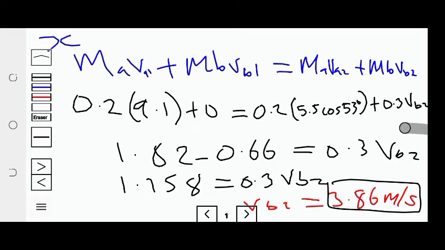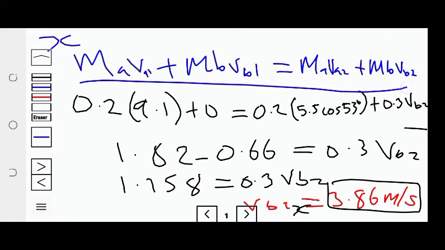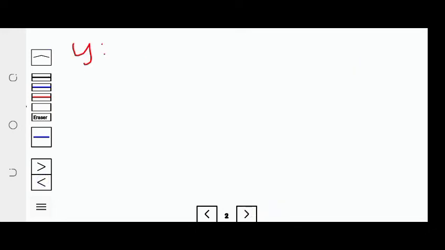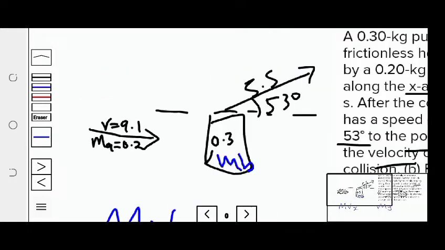Okay, so the value that we found here is in x. So we need also to calculate that of the y. In calculating that of the y, we're using the same formula. Initially in the y, the mass, which was 0.2, had the velocity of 0 in the y. It wasn't moving. When you look at our diagram, it wasn't moving either up or down, it was just in the x.